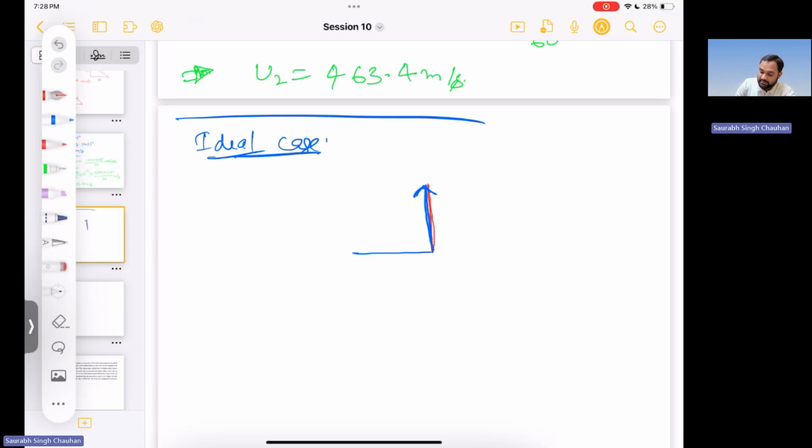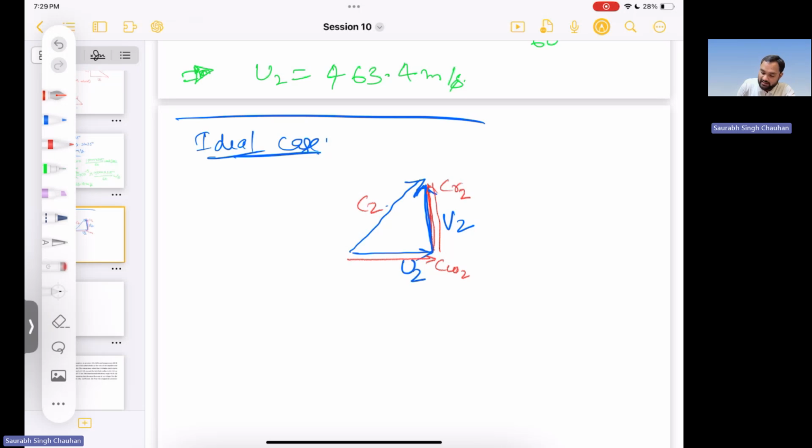And this is the blade tip velocity U2, this is V2. So the absolute velocity at the outlet will be something like this. Now if you draw the components of the absolute velocity, this is CW2 and this is CR2.